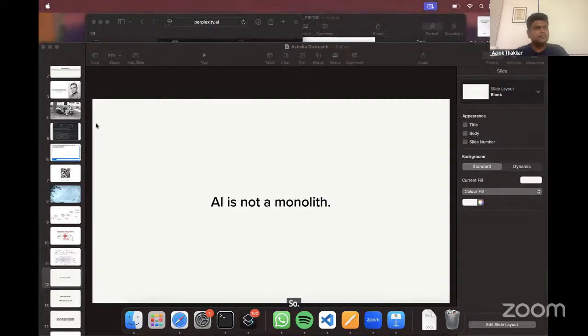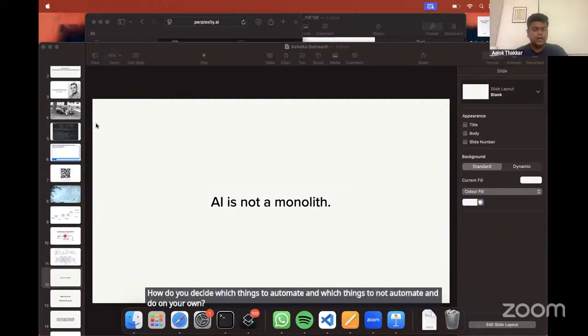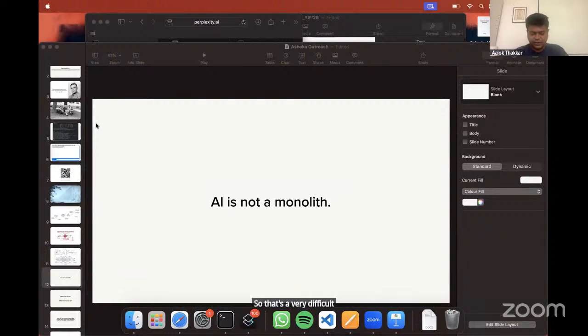So you talked about what limitations AI has and what tasks it cannot do. But it's also true that now it can do most menial or basic tasks for us. So how do you decide? Because I know that you use AI for a lot of things in your life. How do you decide which things to automate and which things to not automate and do on your own? So that's a very difficult question.